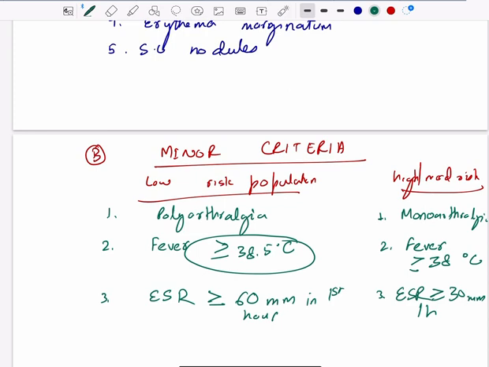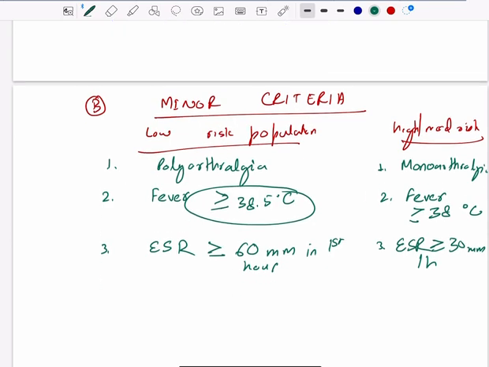Now fever more than or equal to 38.5 degrees Celsius is minor criteria for the low risk population. Fever more than or equal to 38 degrees Celsius is the minor criteria for the high risk population. Now when you consider the ESR, you have to see 60 mm fall in first hour is minor criteria for low risk population, while more than or equal to 30 mm per hour is for high risk population.